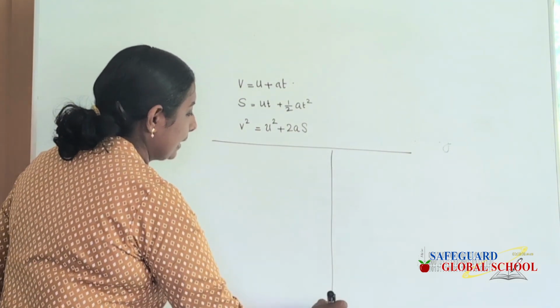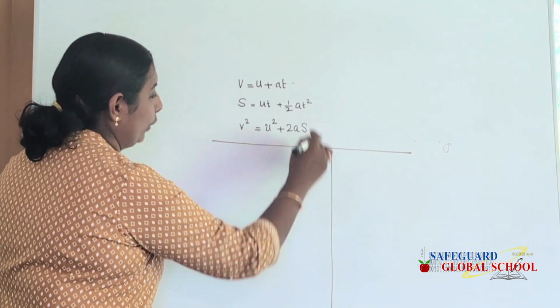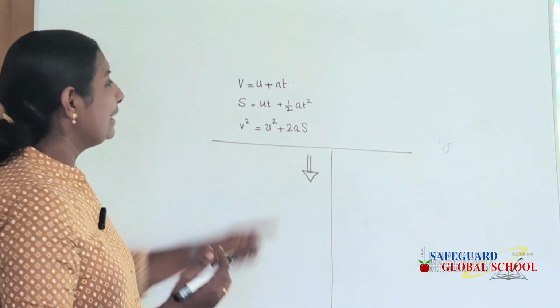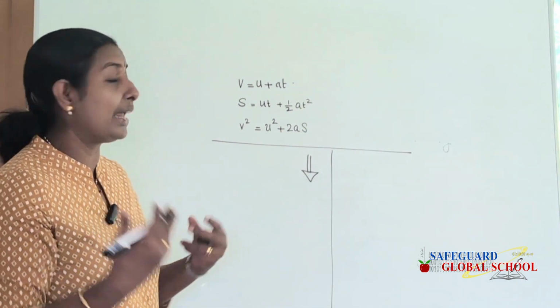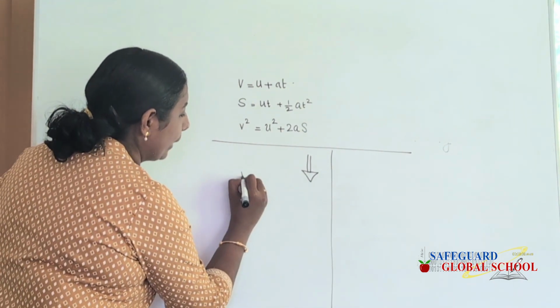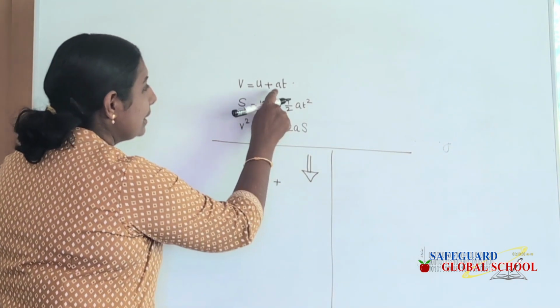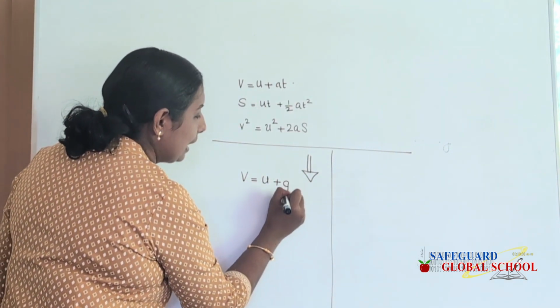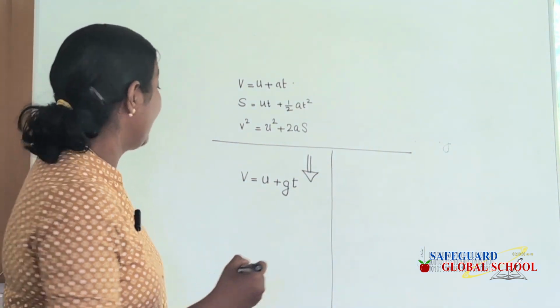First of all, let us consider a free fall, that is, the body is moving down. We know that the acceleration under a free fall is called acceleration due to gravity. So we write V is equal to U plus GT, where A turns out to be g. We have that value now: g is equal to 9.8.